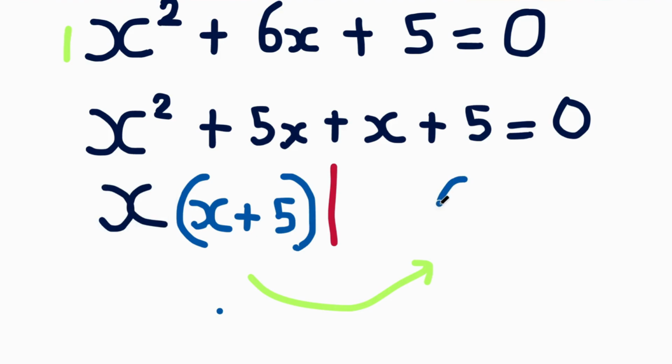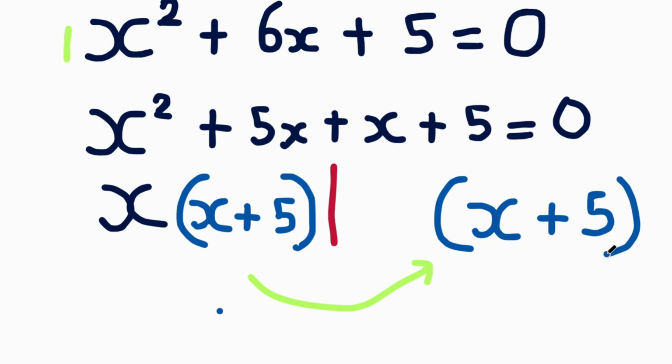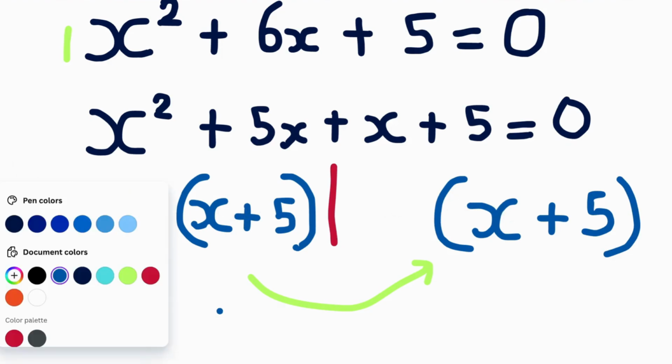Just start with that, x plus 5. And then you just have to find out what the other number would be to make it times x plus 5. So this is quite simple maths, but it can really help when the question is more challenging.